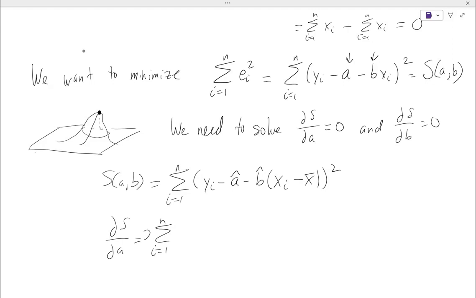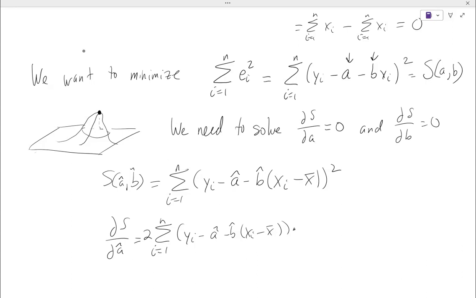I'll bring the 2 down in front, and since it's a constant, I can pop it all the way out in front of the sum. And then I need to multiply by the derivative of the inside. I should put an a hat and b hat on these things. I'm differentiating with respect to a hat.